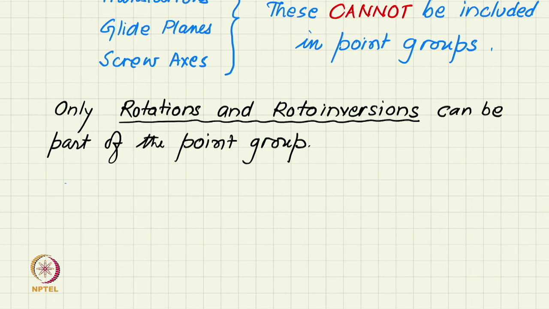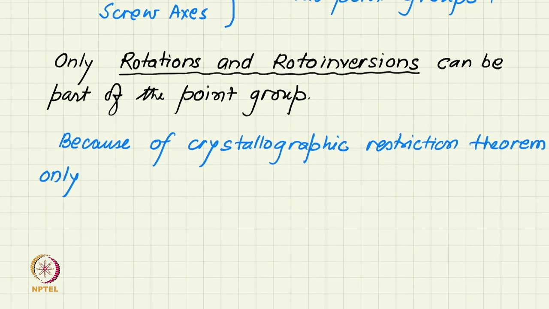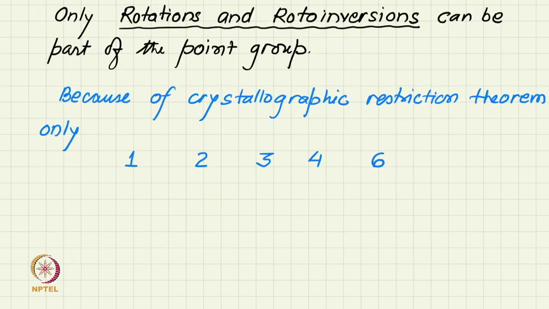Because of the crystallographic theorem, only 5 rotation axes 1, 2, 3, 4 and 6 are allowed, and only 5 roto inversion axes 1 bar, 2 bar, 3 bar, 4 bar and 6 bar are allowed.